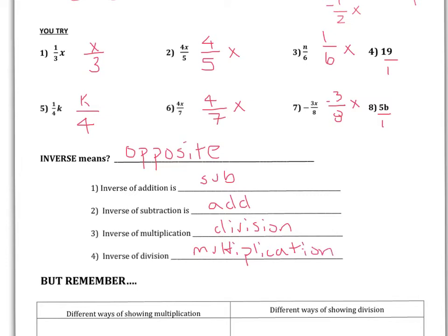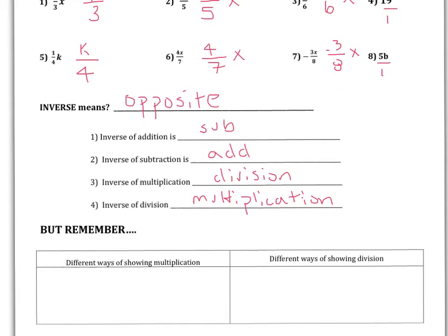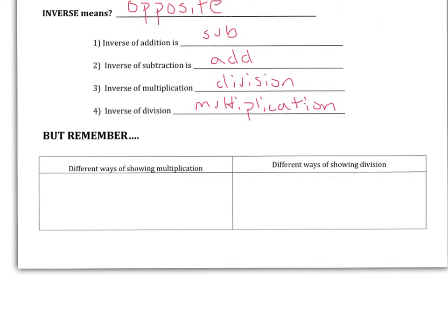Now, before we get into how to solve these, let's just remind ourselves a couple of different ways that you might see multiplication and division, right? So, remember, you could have 5a. When a coefficient touches a variable, that means multiplication. You could have 5 parentheses a. Remember, when a number is touching a parentheses, that means multiplication.